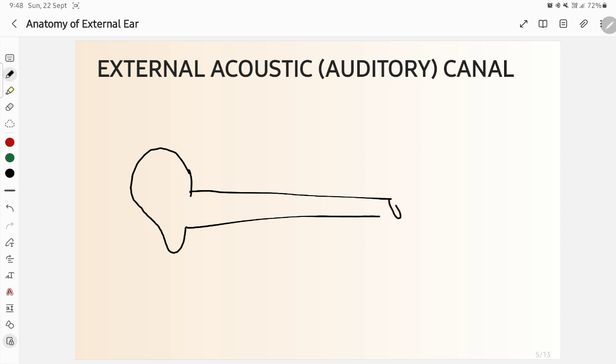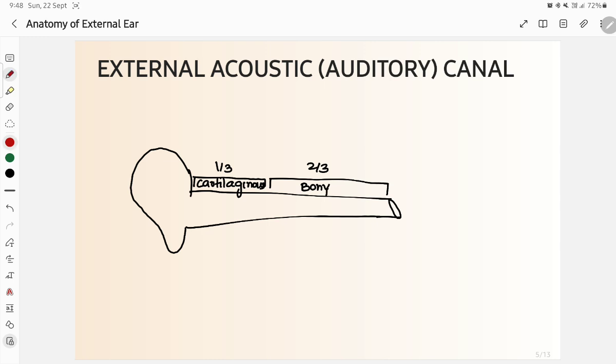And this is our tympanic membrane. Now EAC has two parts. The outer one-third part is the cartilaginous part. And the inner two-third part is the bony part.